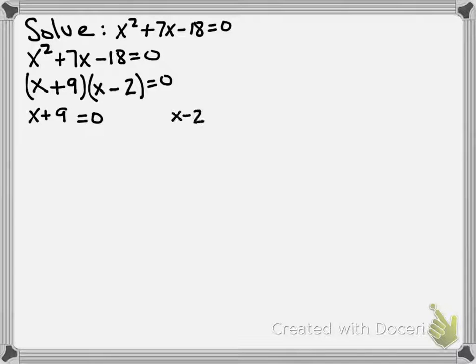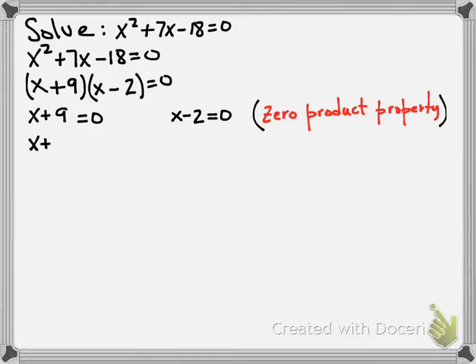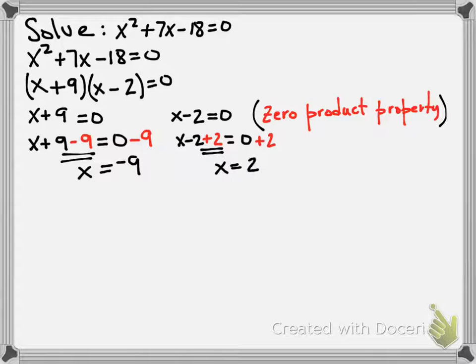Okay? And now we get the additive inverse of positive 9, which is negative 9 on both sides, and x equals negative 9. Similarly, the additive inverse of negative 2, positive 2 on both sides, and x equals positive 2.